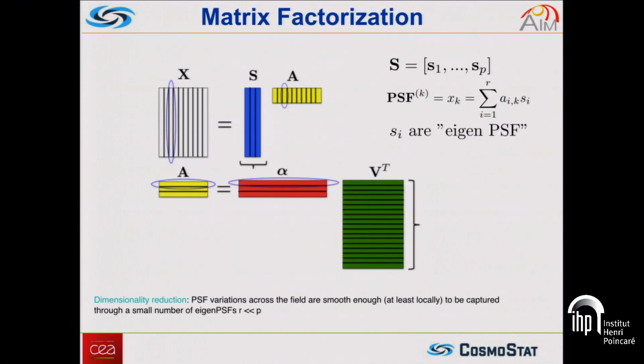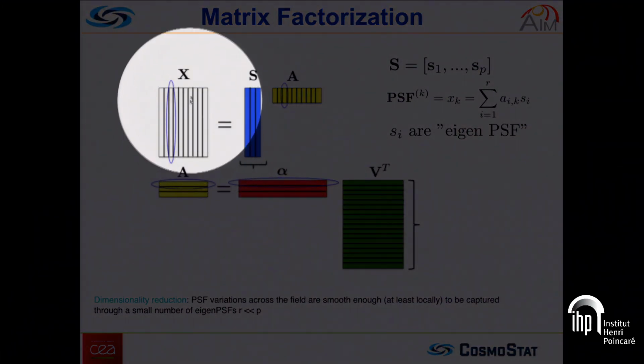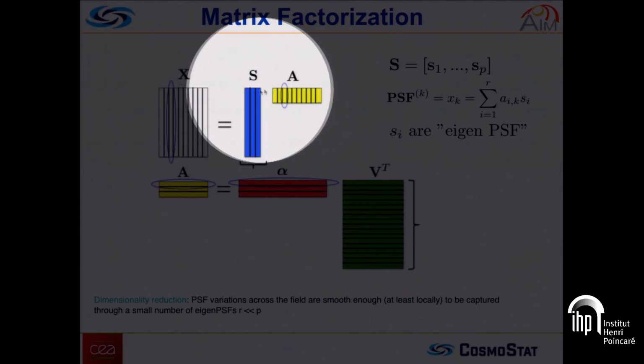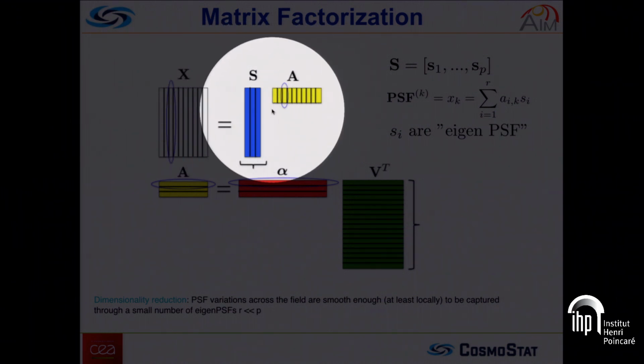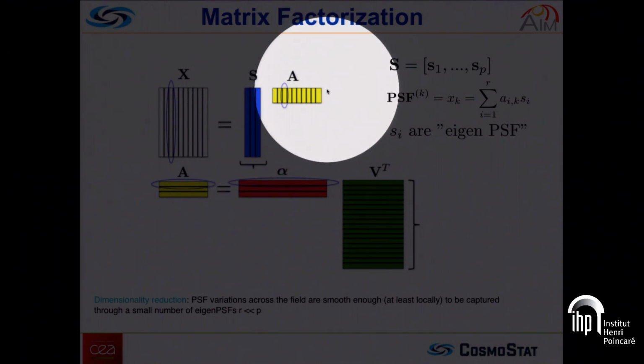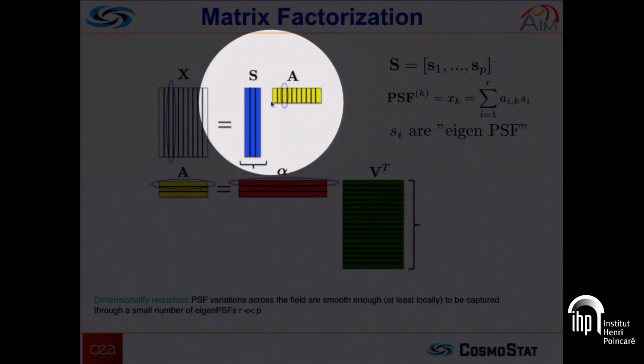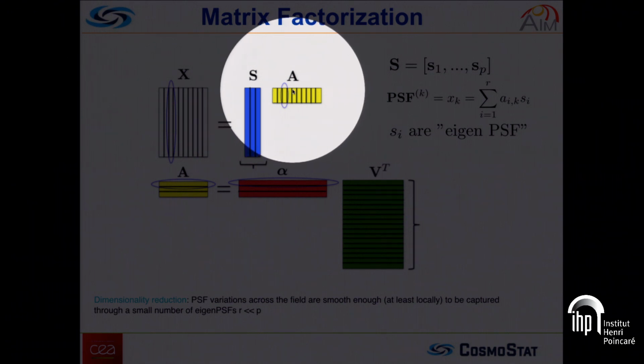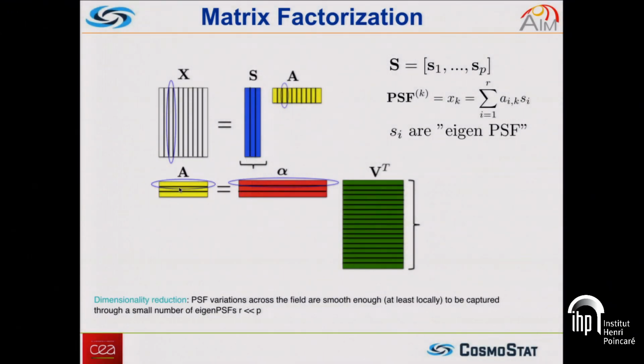The first thing we can do is matrix factorization. We assume that this PSF matrix can be separated in two parts, S and A, where S contains the eigen PSFs and A is another matrix. The distribution along a line of A will represent the weight of an eigen PSF for a given star on all the fields.